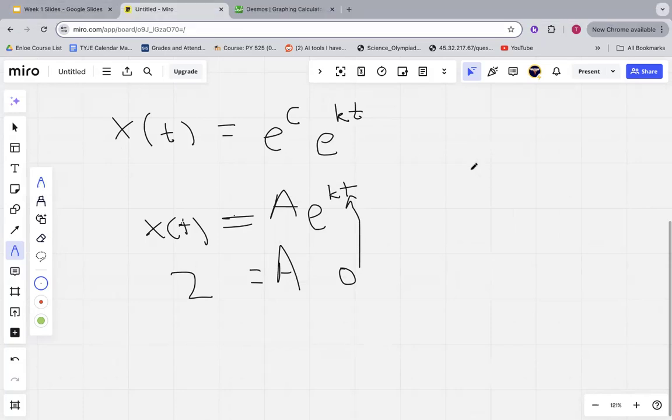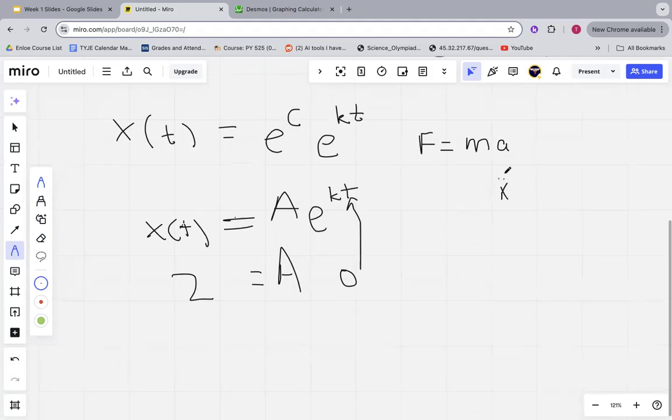And so why do we care? Well, notably, F equals ma is a second order differential equation. Why? Because a is x double dot, or x double prime, or d squared x dt squared, whatever you want to use. Either way, this is a differential equation with two derivatives of x.